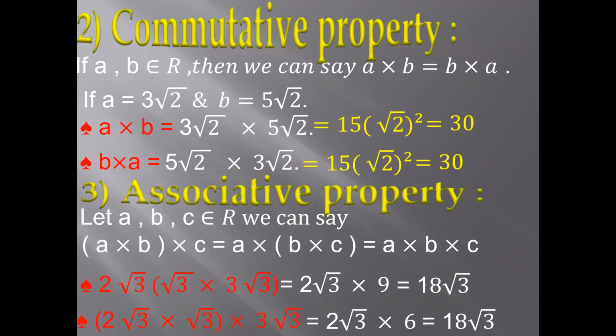Here it's a mistake. Here it will be 2 root 3 times root 3 equals 2 root 3. 2 root 3 times 3 root 3 equals, here 2 times 3, and root 3 times root 3 equals 3. 3 times 2 equals 6. 6 times 3 root 3 equals 18 root 3.